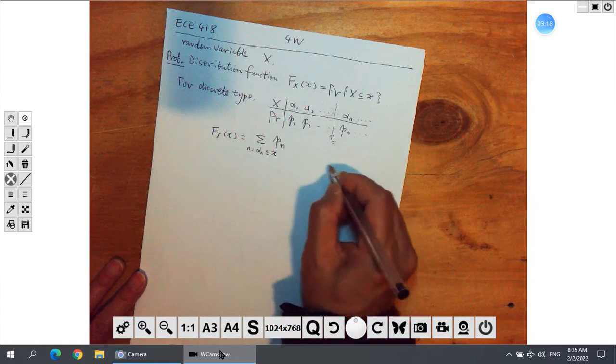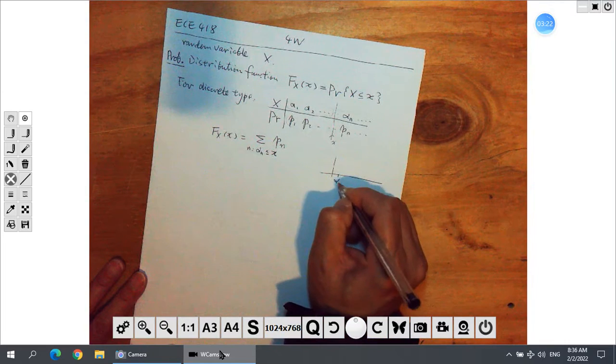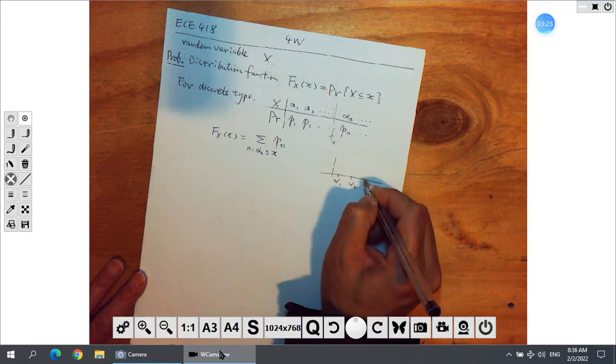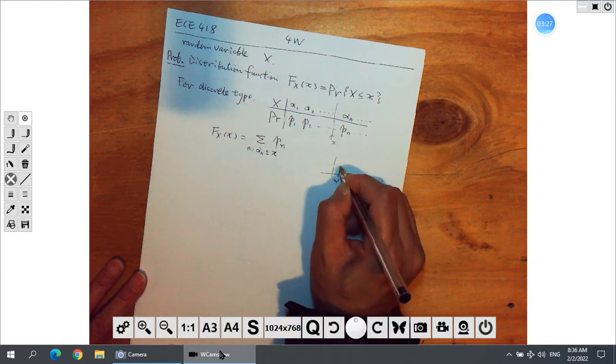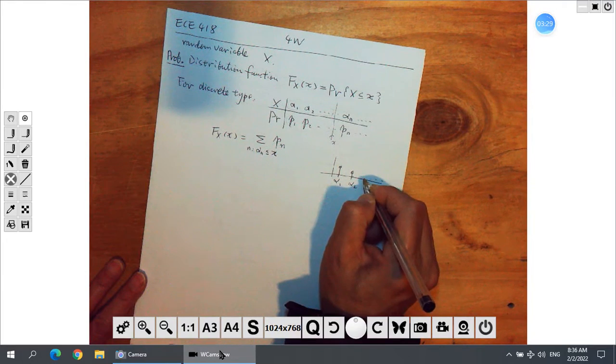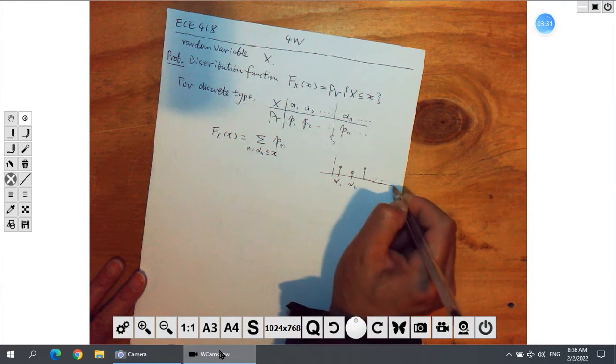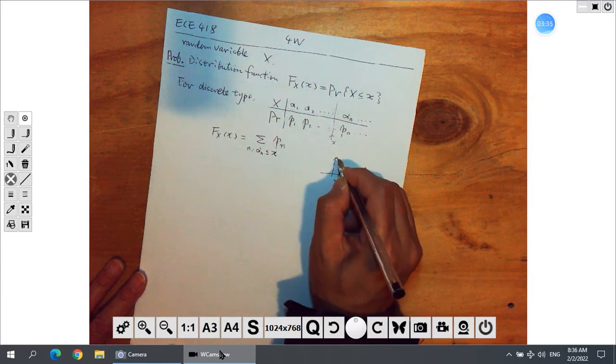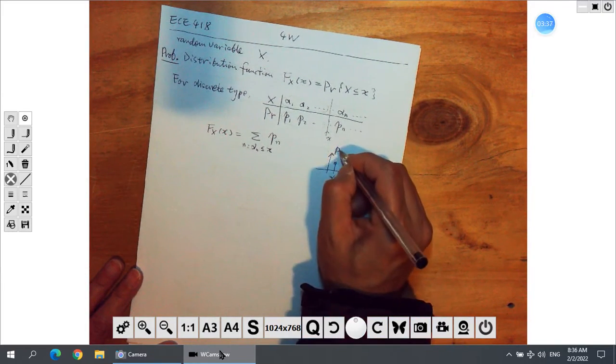The graph looks like this. You have alpha 1, alpha 2, and so on. Each one has a probability value here.